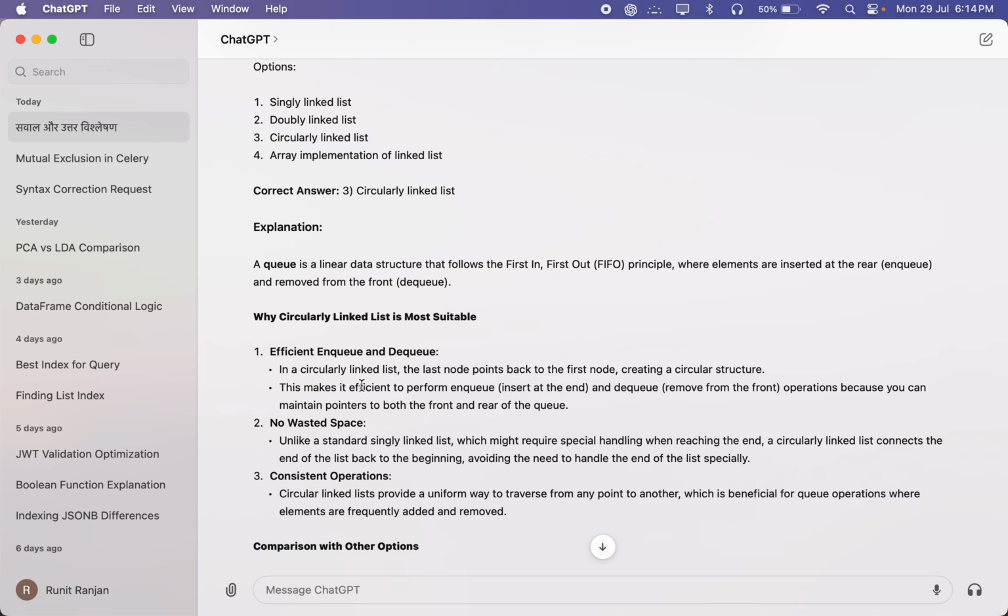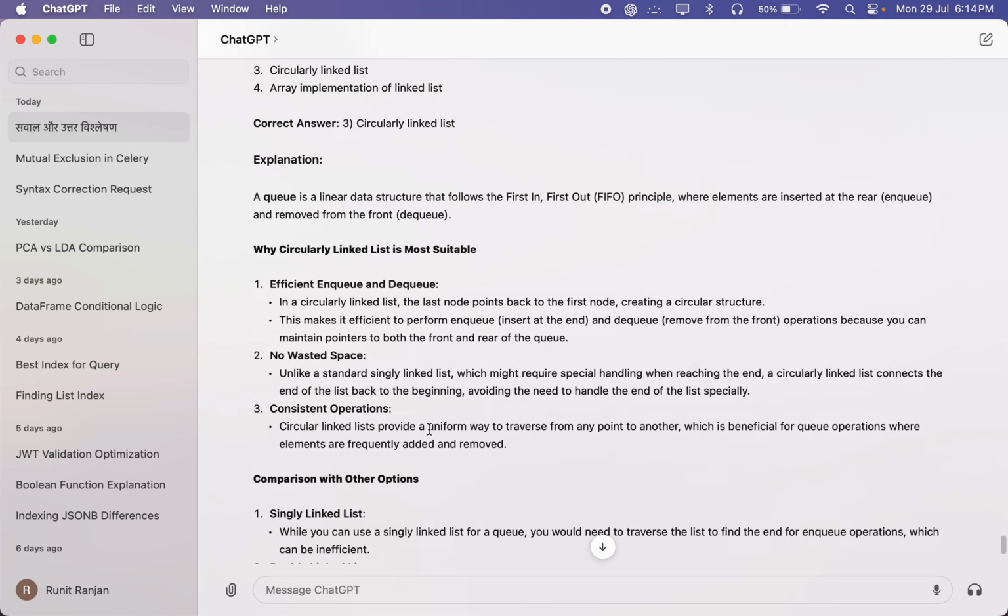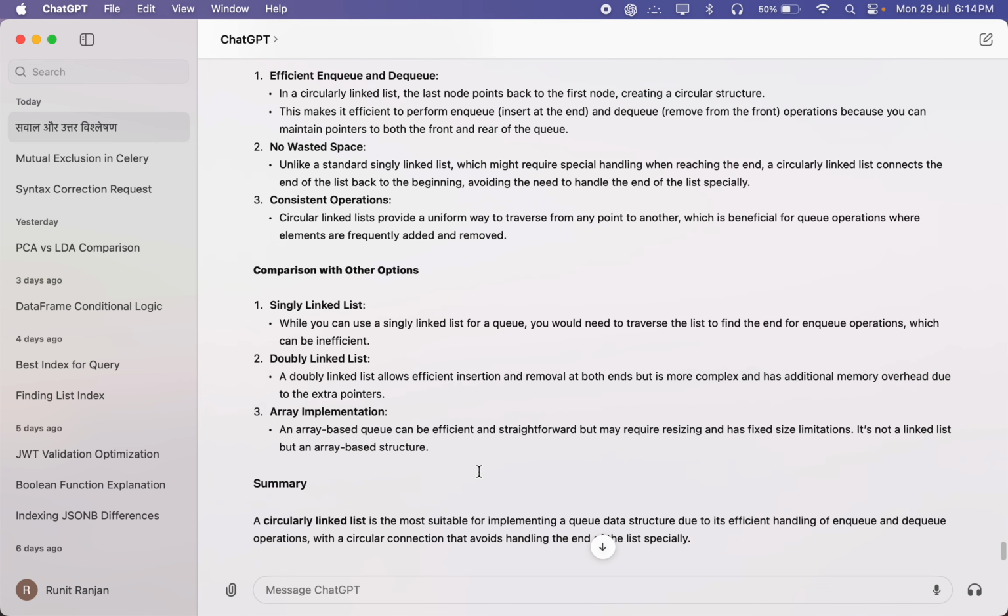it is efficient to perform enqueue, insert at the end, and dequeue, remove from the front, operations because you can maintain pointers to both the front and rear of the queue. No wasted space, consistent operations. Using just array implementation has fixed size limitations.